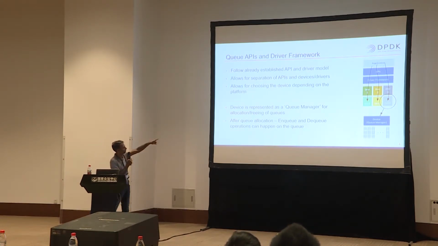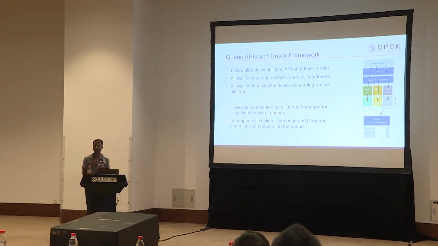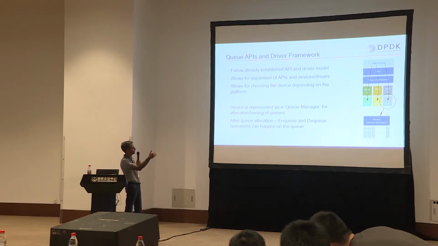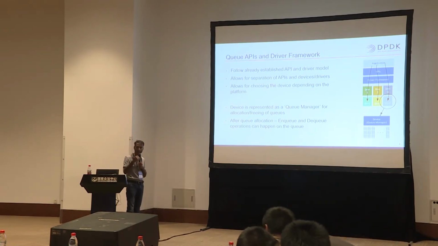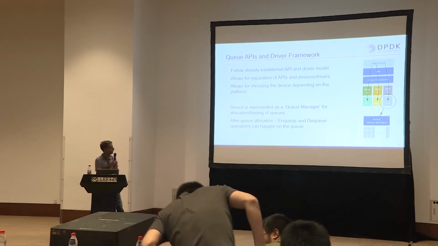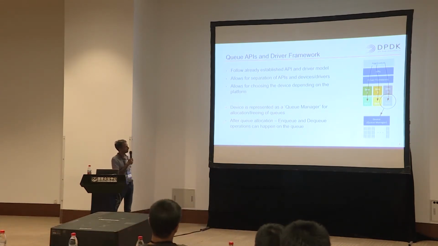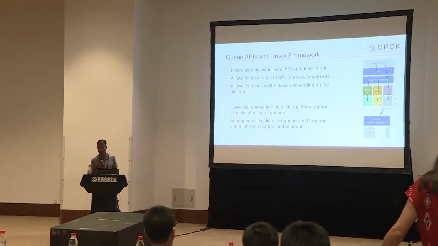So like I have shown on the right side, you have got the application, then the APIs, and then you have got the driver framework. Driver framework is nothing but the ops structure. With the help of the driver framework, you can have multiple devices and multiple drivers plugging into that framework. And that will allow the application to use the underlying implementation of the queue depending on what platform it's running on.